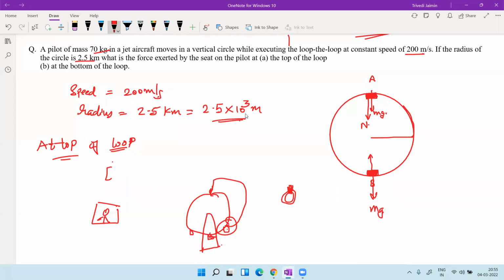At bottom, at point B, you're sitting like this. And at point A, which side will you be facing? Nobody understood what I'm saying?